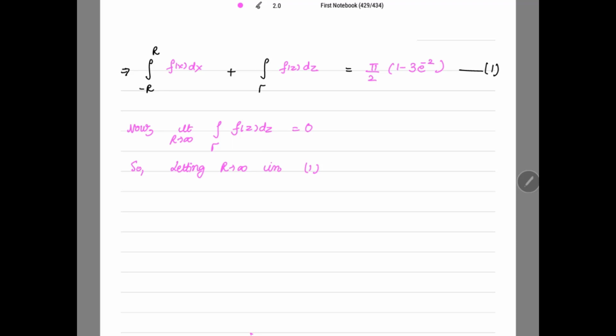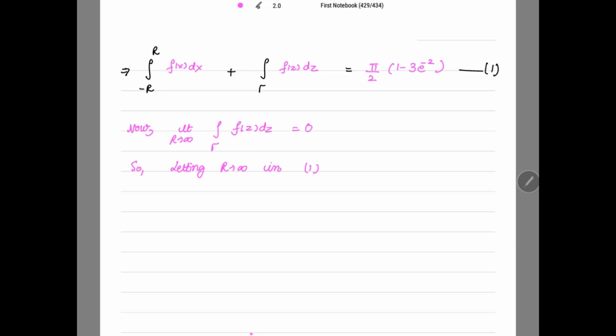As you all know, our given function is tending to 0 as z tends to infinity, and also that function is a meromorphic function in the upper half plane, as I have already discussed in the previous example. You can note down from there.